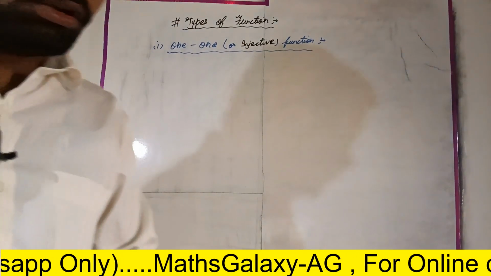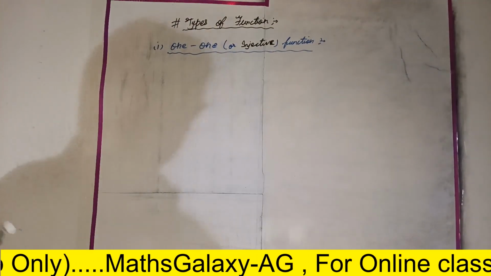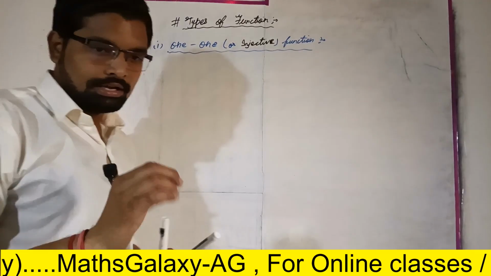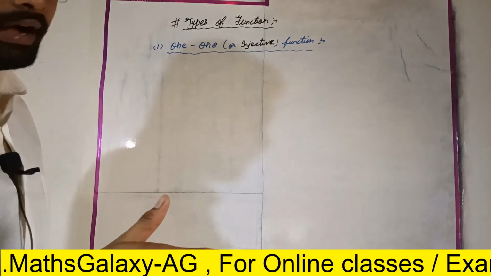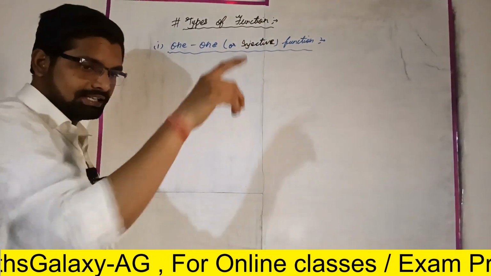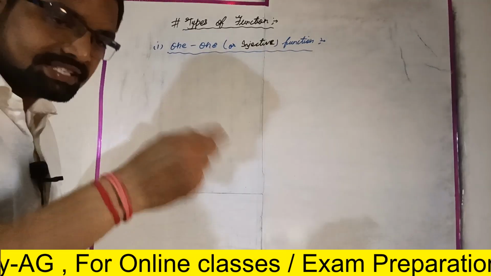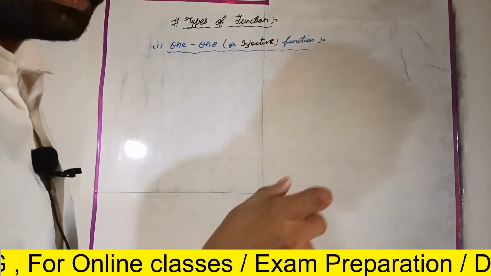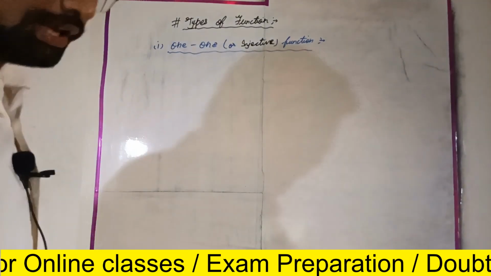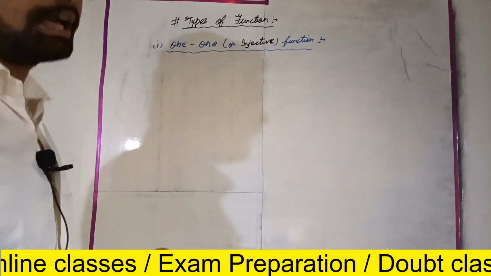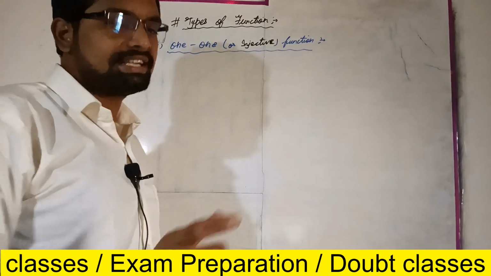It is said that a function is defined to be one or injective function if the image of distinct elements of X under f are distinct. So that will be known as the one or injective function.